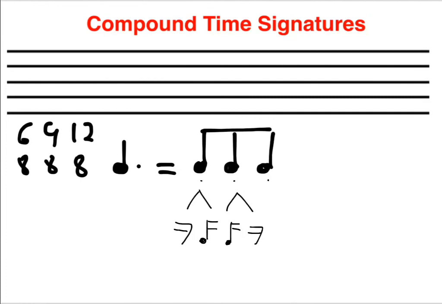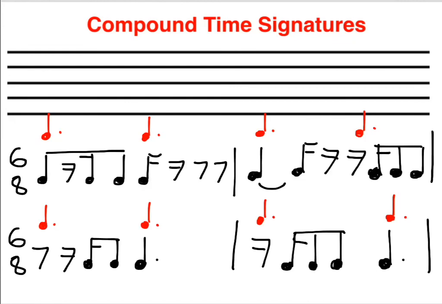Okay, so remember that each one of those parts of the main beat can be split into a semi-quaver rest plus a semi-quaver note, or a semi-quaver note plus a semi-quaver rest. So I'm just going to show you some examples of how that works in practice.